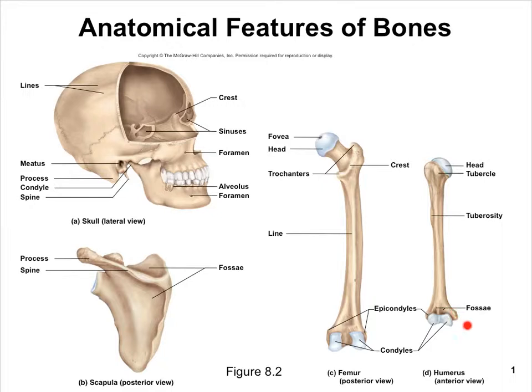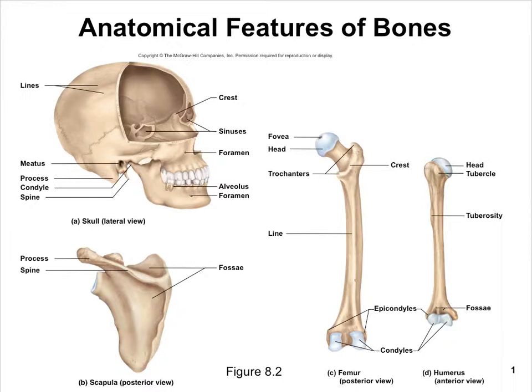And epicondyles are usually bony projections, processes that are located near condyles. And often these serve as points of attachment for ligaments or tendons or some sort of connective tissue.